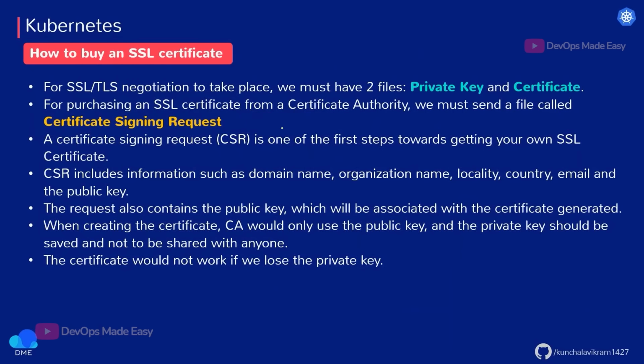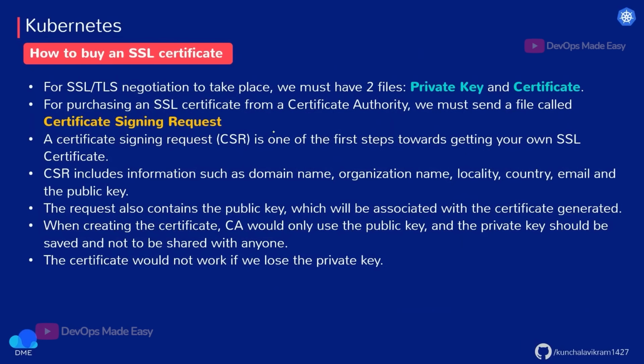As expected, this certificate signing request will obviously contain the public key of your domain. So why is a CSR required? Why can't I directly send the public key to the CA to sign it? The reason is the CA needs a lot of information, like your name, your state, location, the domain name for which you want the SSL certificate, the country, the area, your email address.